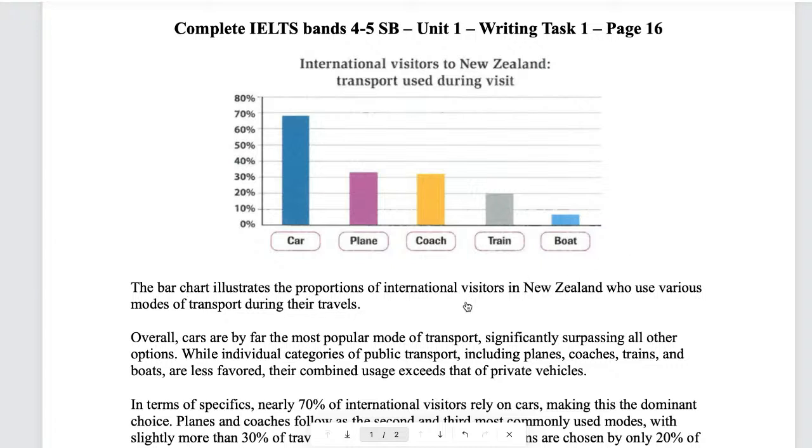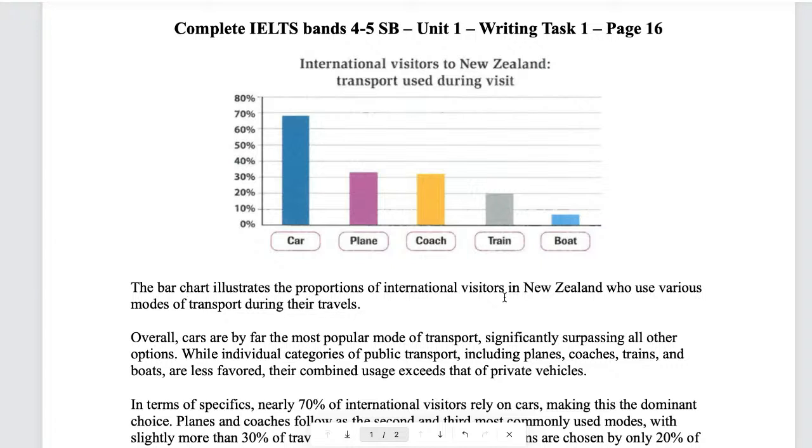P-R-O-P-O-R-T-I-O-N, and S. Proportions means tỷ lệ, các bạn. How do you spell that? P-R-O-P-O-R-T-I-O-N. Okay, proportions. Tỷ lệ nha bạn. Thường mình nói về phần trăm thì mình sẽ dùng như vậy nhé.